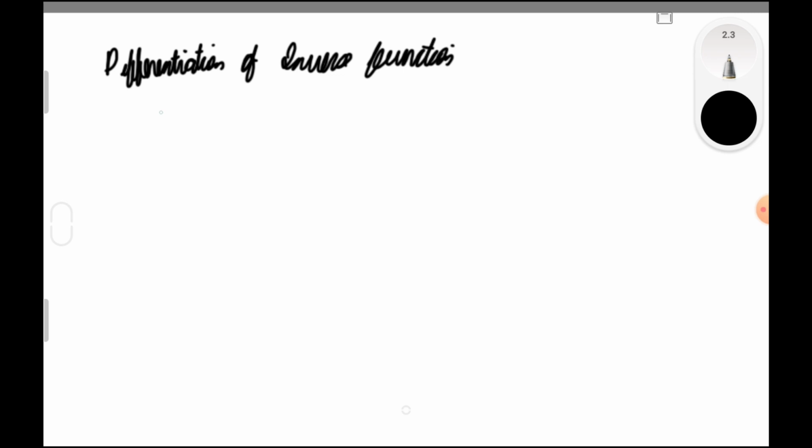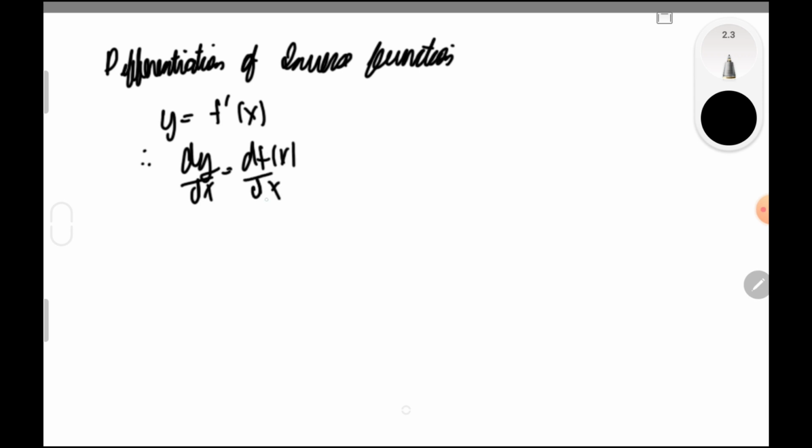Normally we have y is equal to f of x. Therefore we will have a value equal to dy over dx, the derivative of y with respect to x. This is our normal differentiation.